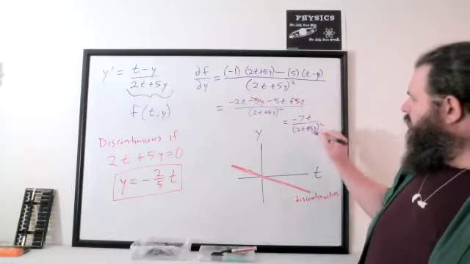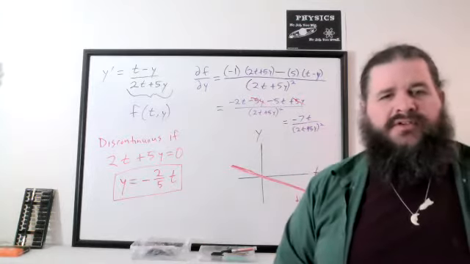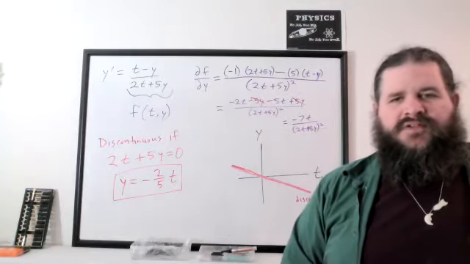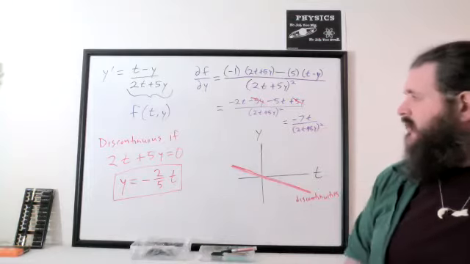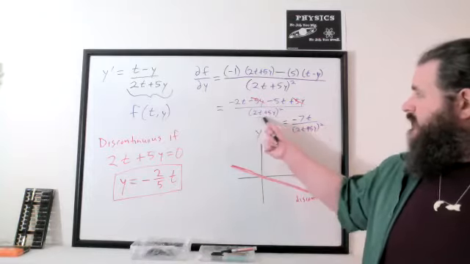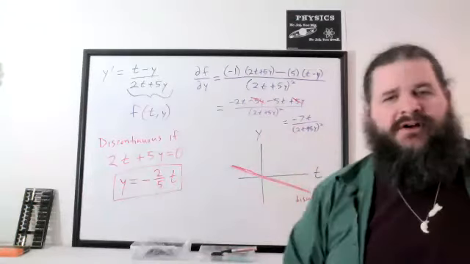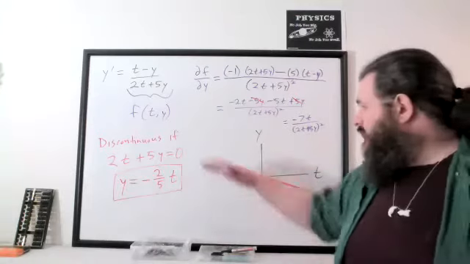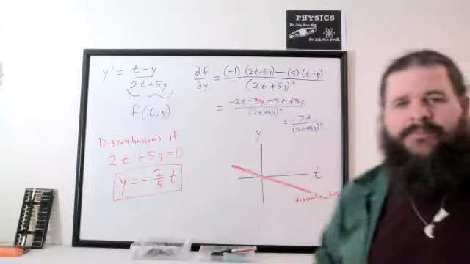But the important thing is, does that introduce any new discontinuities? Doesn't look like it. It's still the same discontinuities. We still have the same restriction that 2t plus 5y can't equal 0. So no new discontinuities. Our discontinuities are still just everything on this diagonal line.